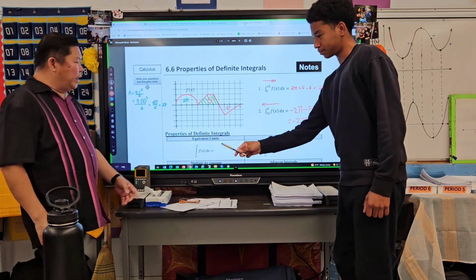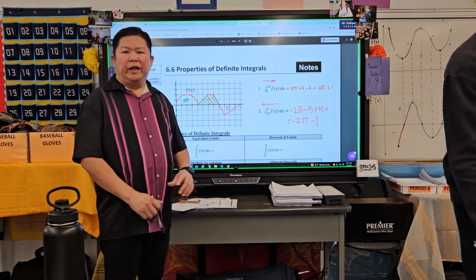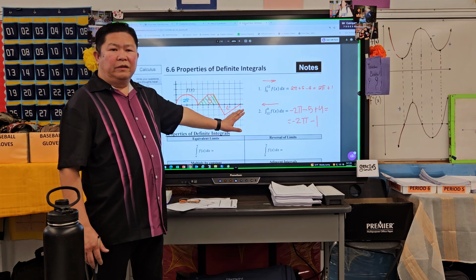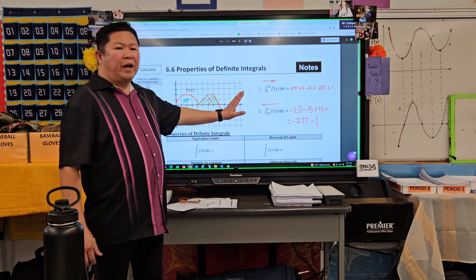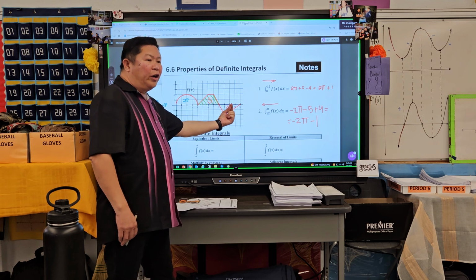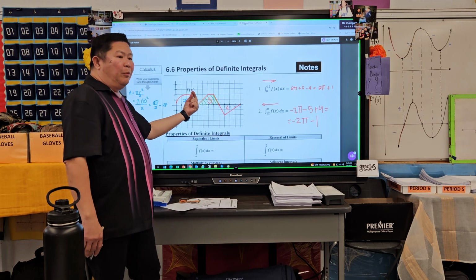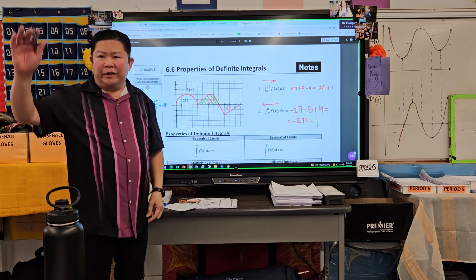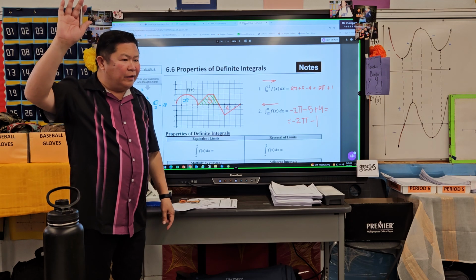Okay, negative 2 pi minus 1. Any question? Oh, good. Or sometimes we just start also following this as 4 minus 5 minus 2 pi. Is this clear? Yes.